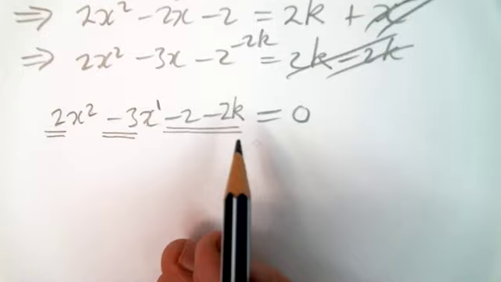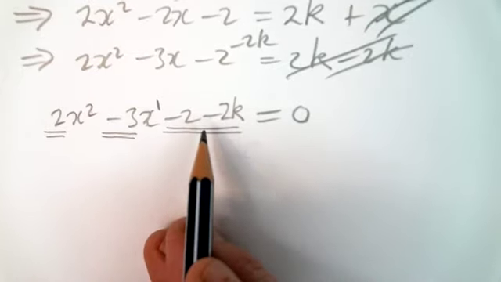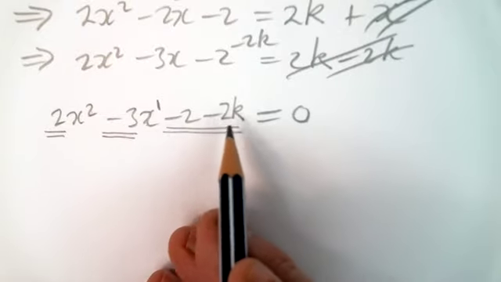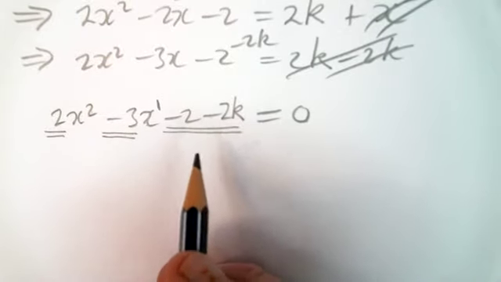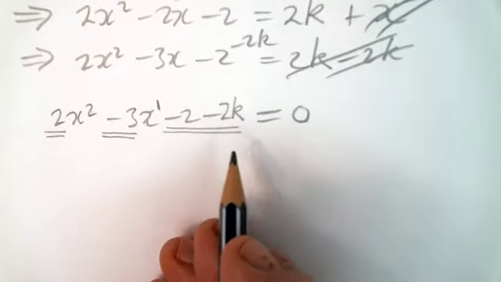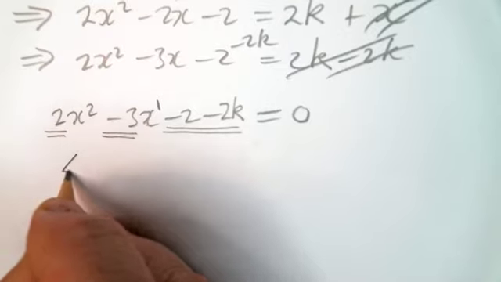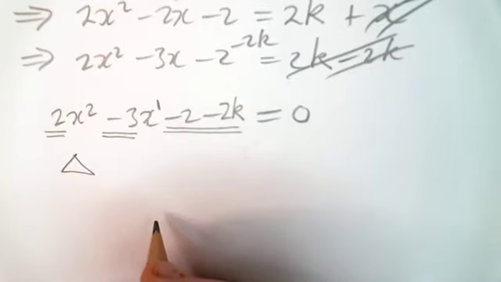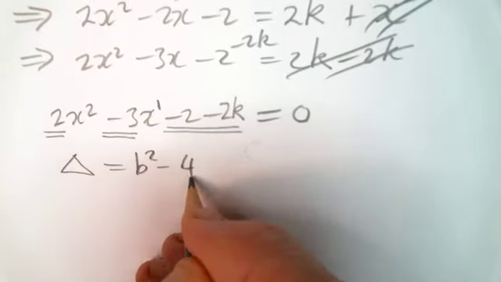Now, to resolve a non-numeric coefficient of an x value in a quadratic expression or equation, we need to resolve it by using the discriminant function or discriminant equation or expression. So the discriminant, of course, I could write it as a triangle, or I could write it as b squared minus 4ac.